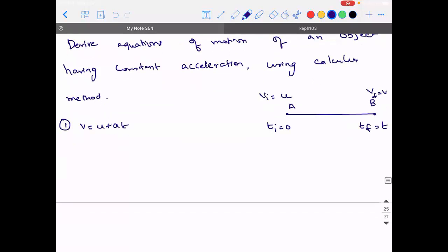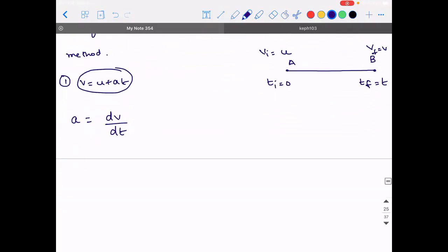Whenever you're deriving the first equation of motion, you should always start with the definition of acceleration. If you're using the graphical or slope method, we go with the average acceleration. Now we will go with instantaneous acceleration. So A is equal to dV by dt, which implies dV is equal to A into dt.